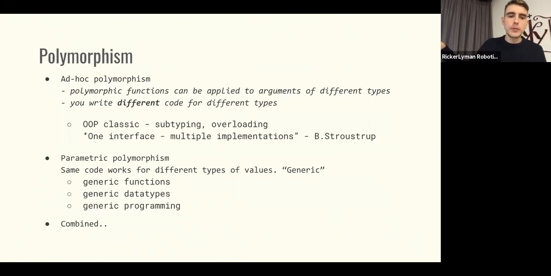Sounds a little bit abstract, so put simpler: you just write different code for different types. In the case of parametric polymorphism, you write the same code which works for different types. People name it generics: generic functions, generic data types, and generic programming overall.